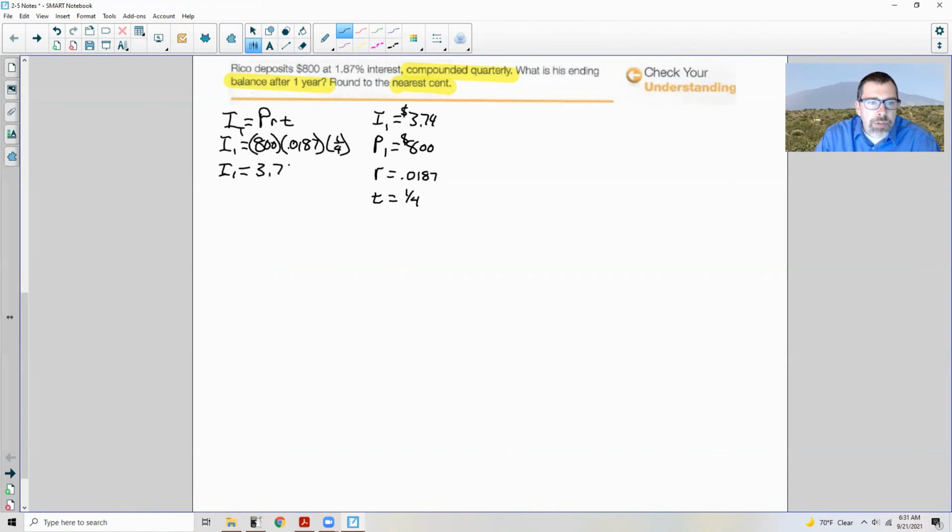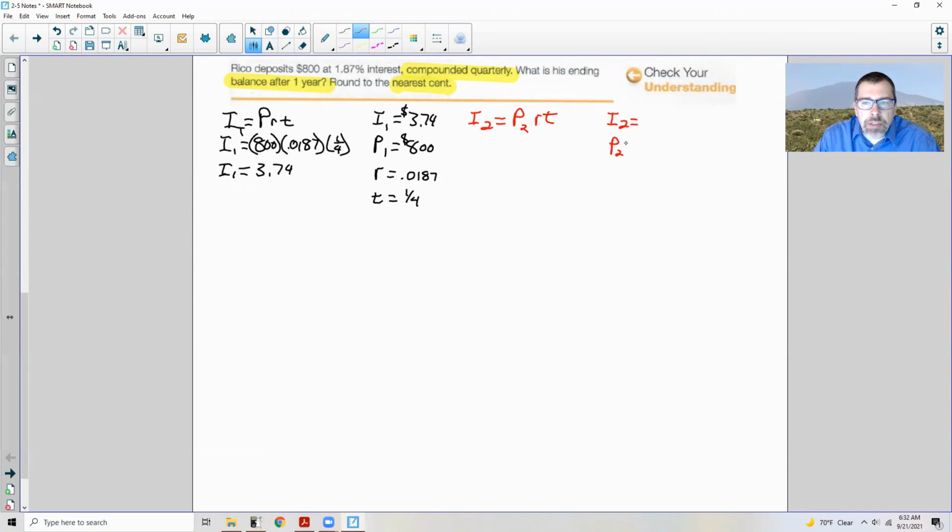So it was 3.74. All right, so then I'm going to do I sub 2. That was only the first quarter. That's how much interest we earned in the first 3 months. Okay, it's compounded. That's the key here. It's not simple. So the second interest is going to equal the principal from the first quarter added with the interest, times R T. So the interest for the second quarter is what we're looking for now.